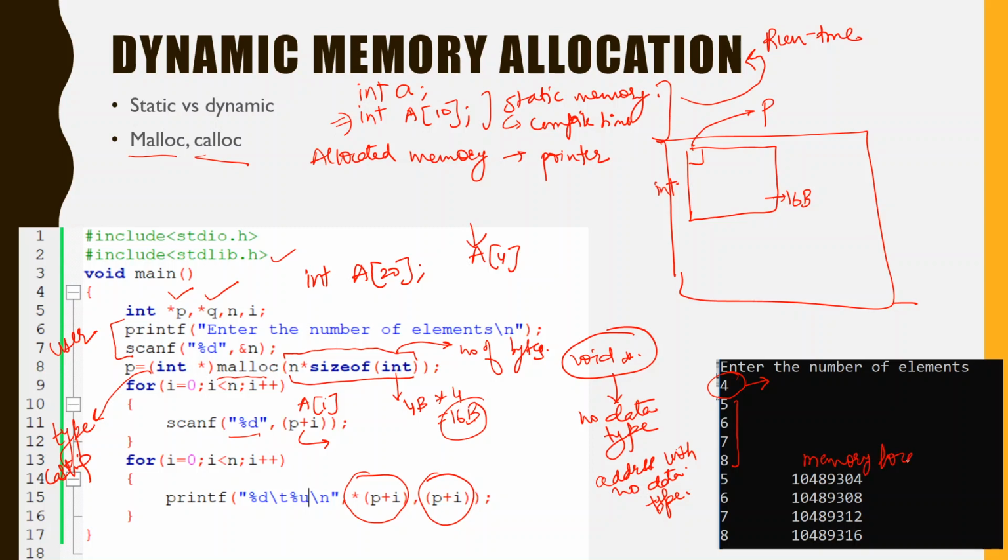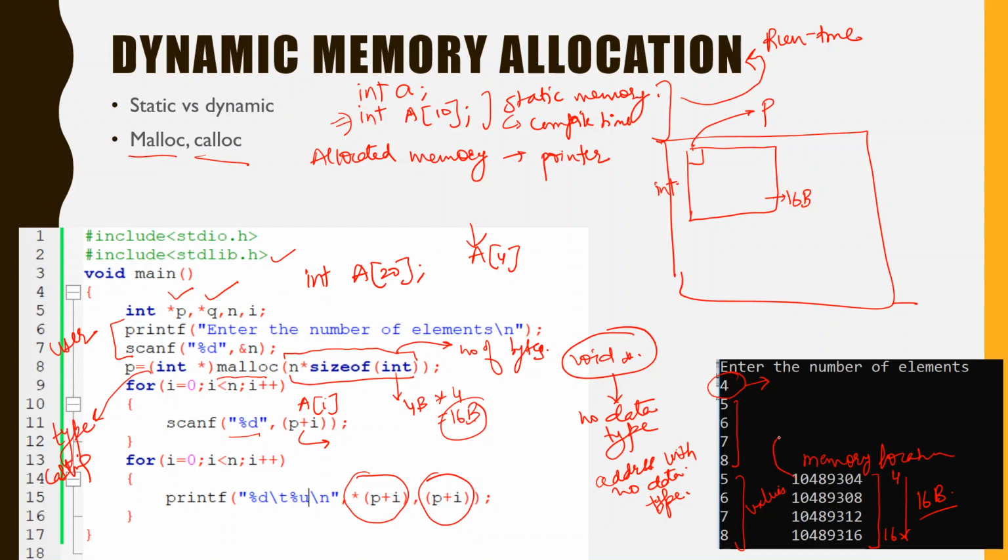These are the memory locations, and these are the values at these locations. So these are four memory locations, starting from 4 to 16. You can count them. These are the 16 bytes allocated for the purpose.